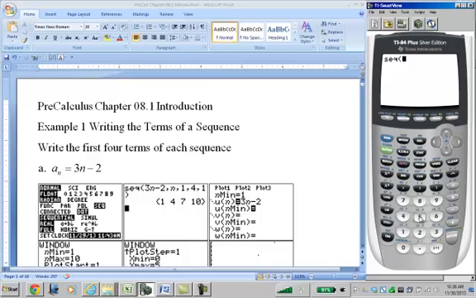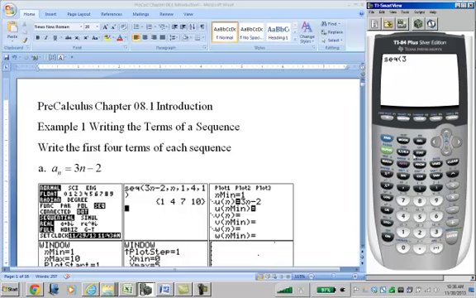Now the first thing I'm going to put in is the function rule. You can call this the rule, or whatever you want to call it, but this is what's being done to n. Here's n, the sequence number. We're going to take that sequence number, multiply it by 3, and subtract 2.